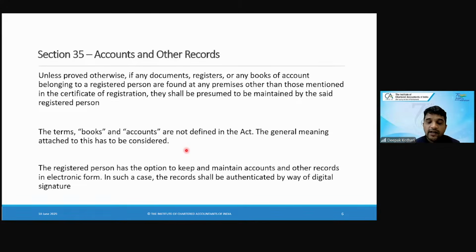You can maintain accounts in electronic form or non-electronic form. You got it?